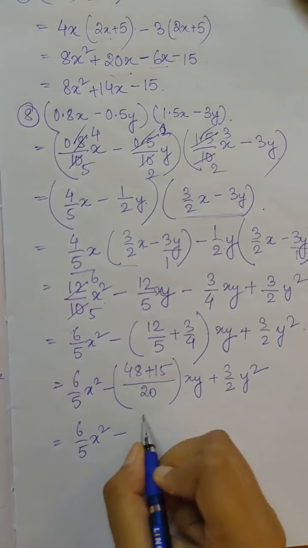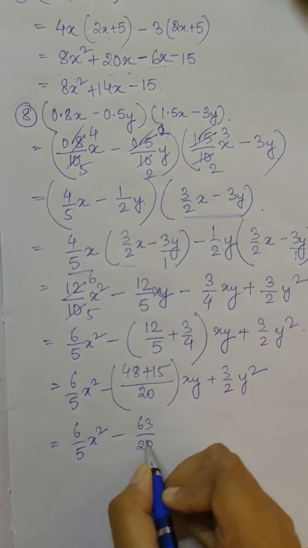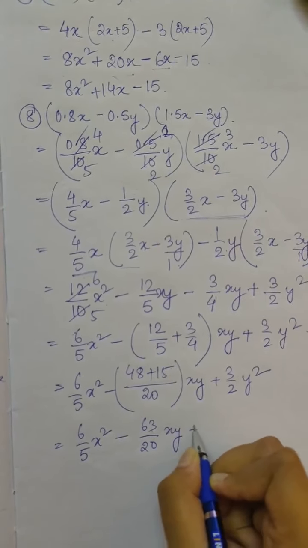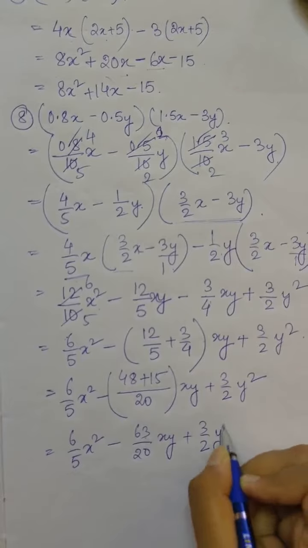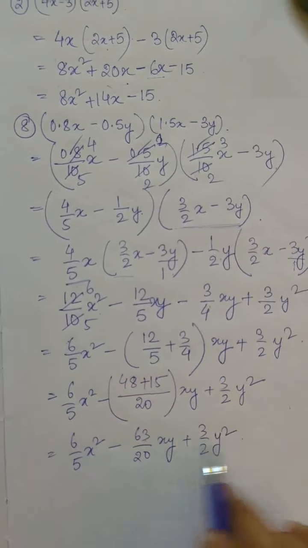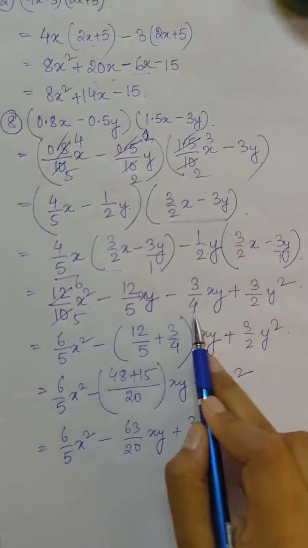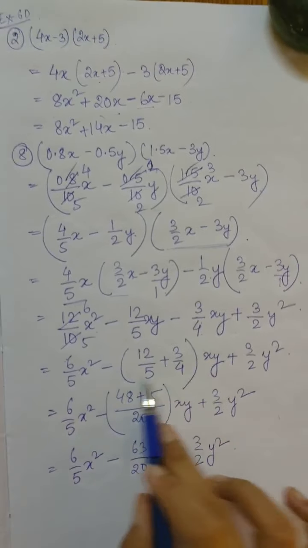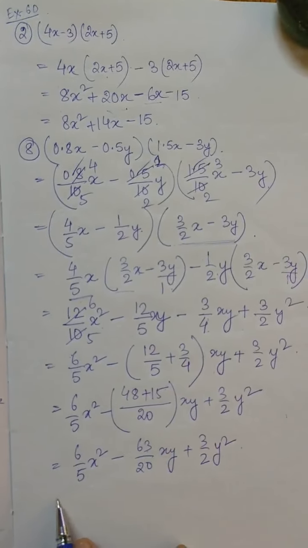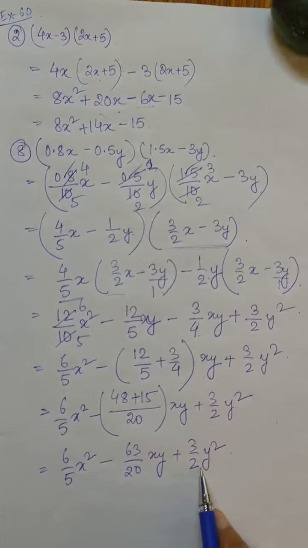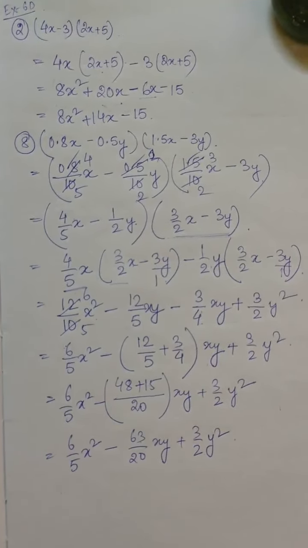So that means we are getting 63 by 20 xy plus 3 by 2 y square. So there is no more like term here. We were having two like terms, so that's why I have done more simplification here. But after this we are not having any like terms, so that is the final answer.